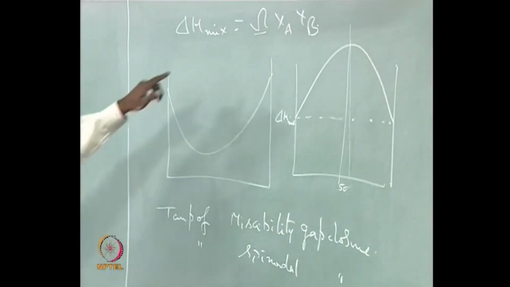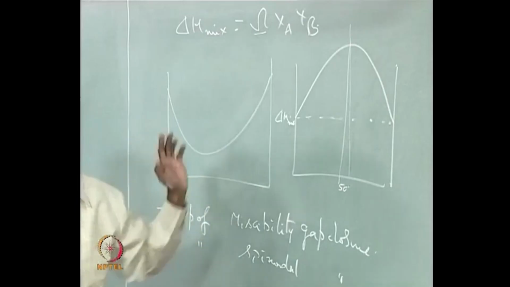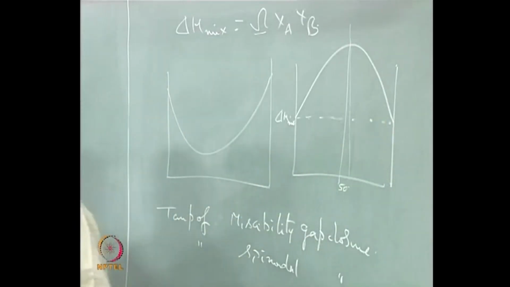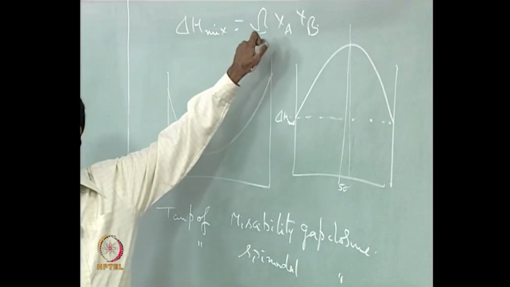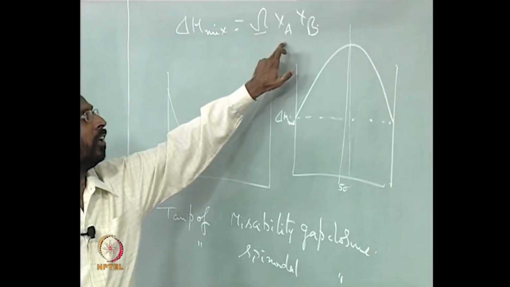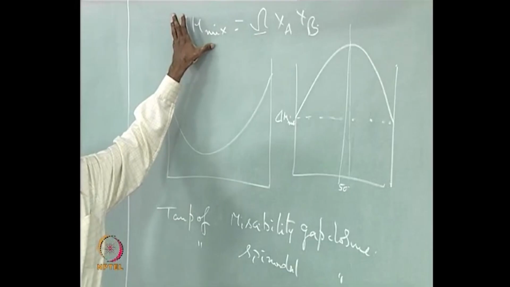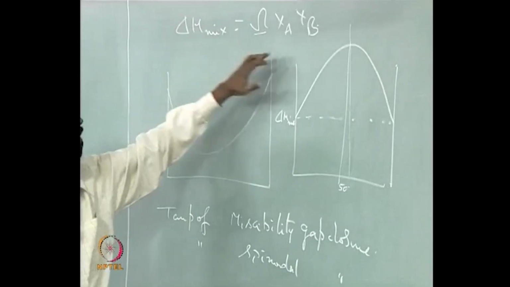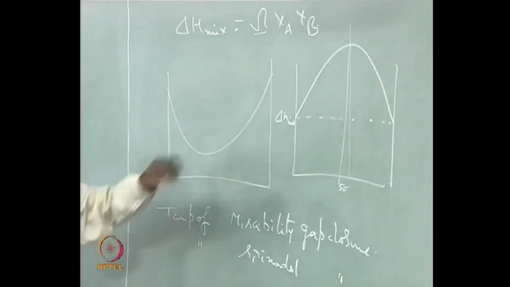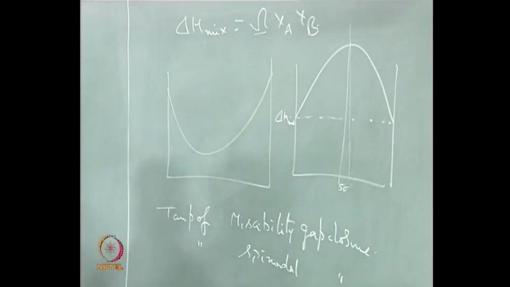And omega is a single omega for the whole composition range, and if you give any value to it, then you can see the maximum value of delta H mixing. For example, if I take a simple case like xa as 0.2, then xb is 0.8, am I right?